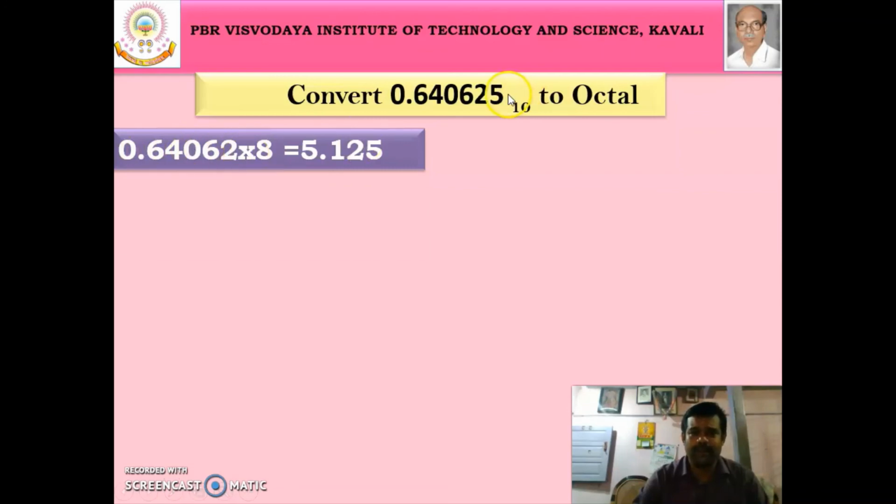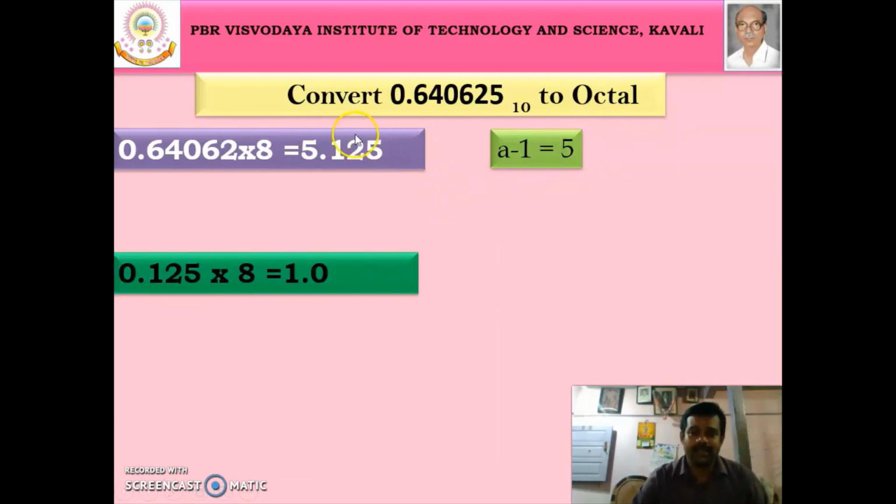So first we are multiplying 0.640625 into 8, that is 5.125. Next we are recording this 5 as A1. Then we are multiplying this 0.125 into 8. So we are getting 1.